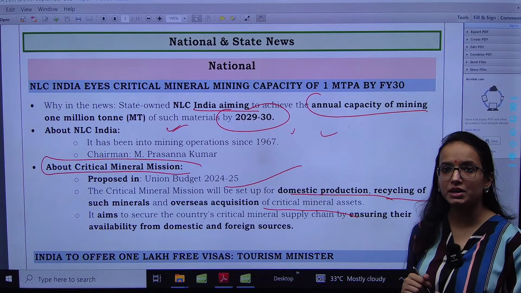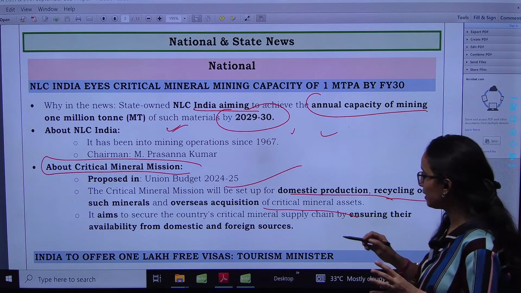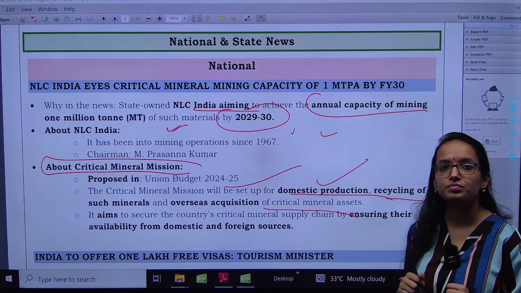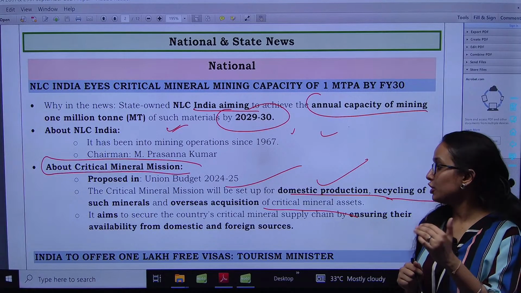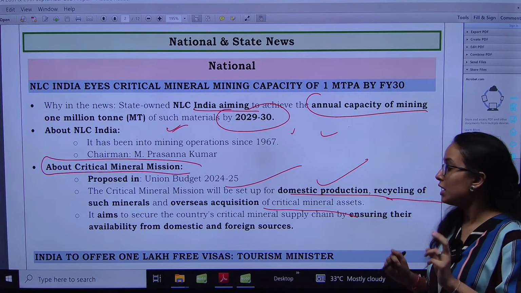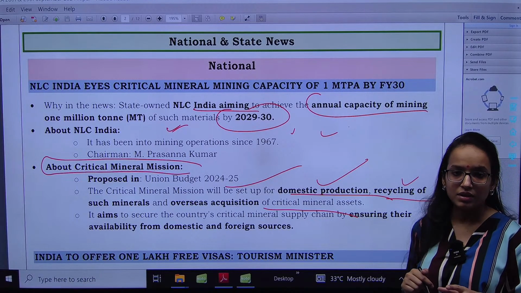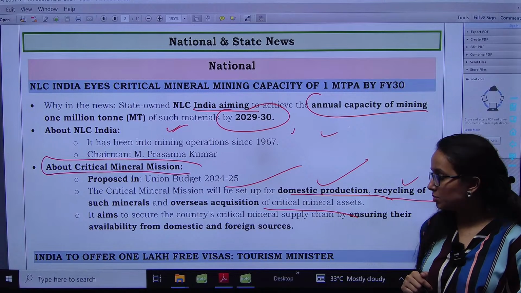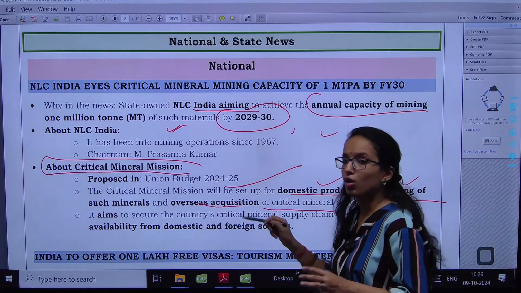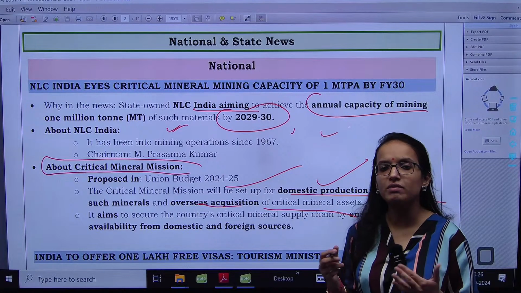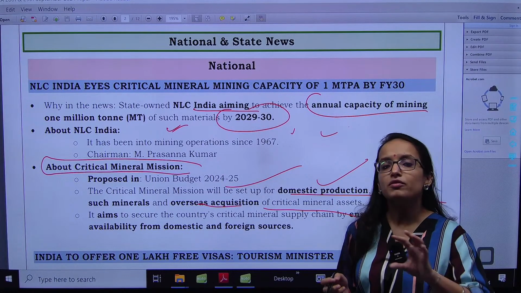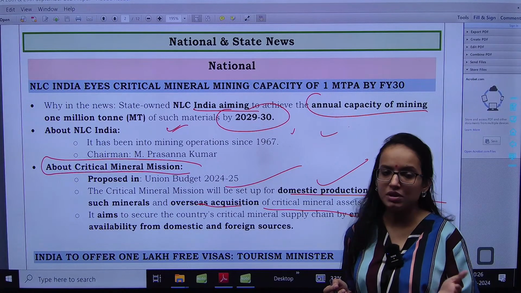So remember, the critical mineral mission is important. It has three dimensions: domestic production. We have to enhance the domestic production of critical minerals, plus we have to recycle the existing ones up to the level possible, and then overseas acquisition, also acquiring those minerals which are not available in mainland India from overseas mineral sites, right?